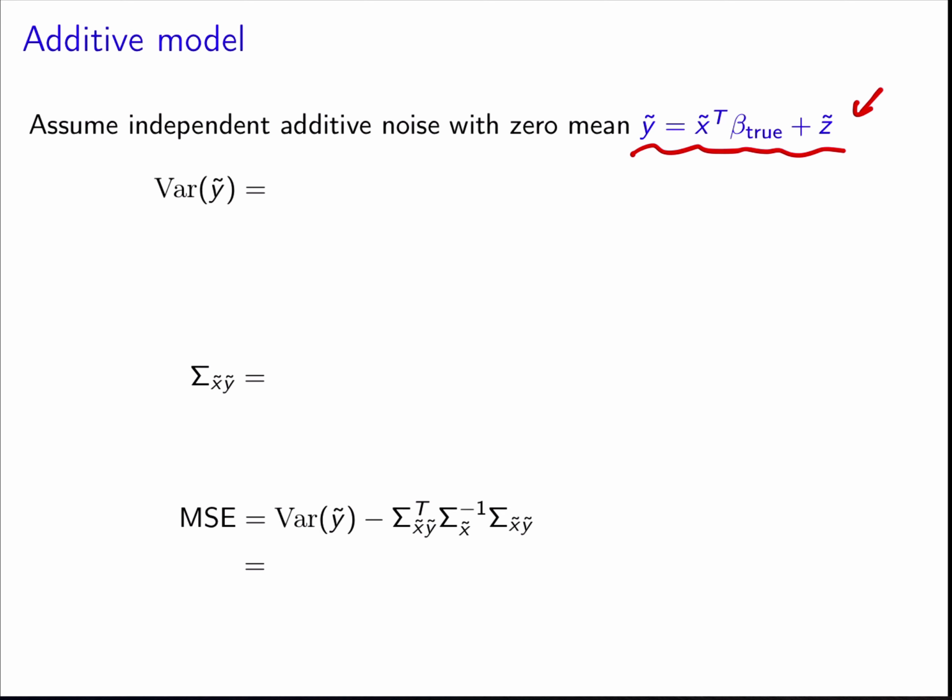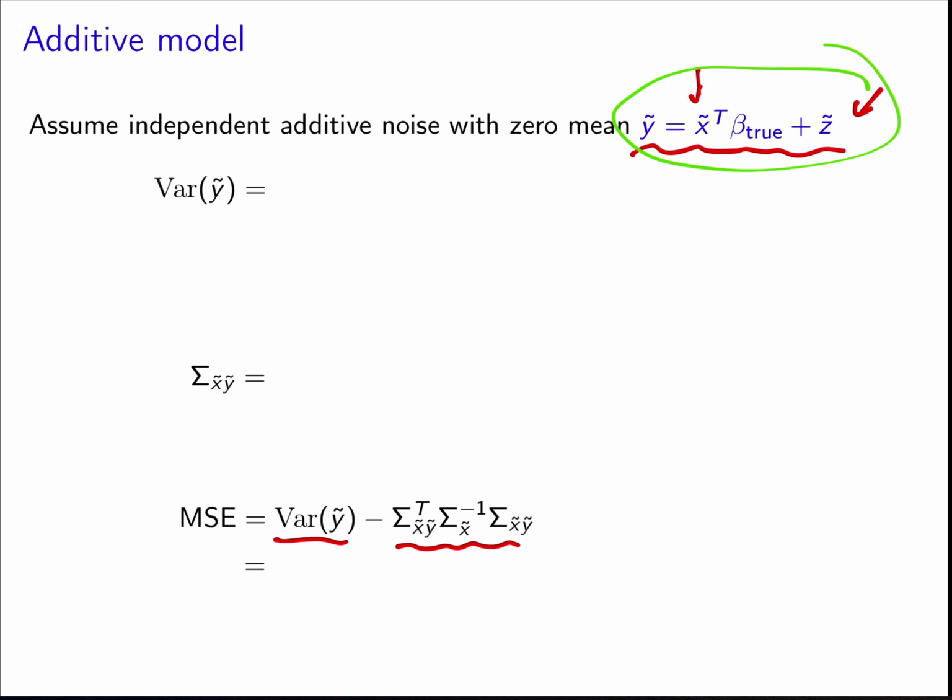We have information about x, the features. This is what we observe, but we don't have any information about z. So now we know that the MSE is equal to the variance of y minus this term here, and we're going to derive what that term looks like for the additive model.